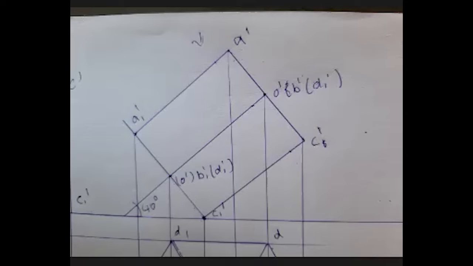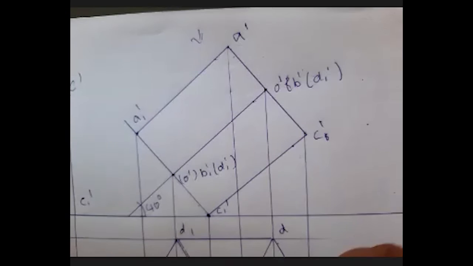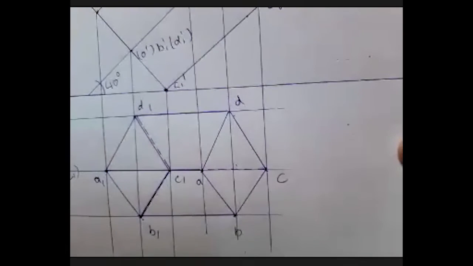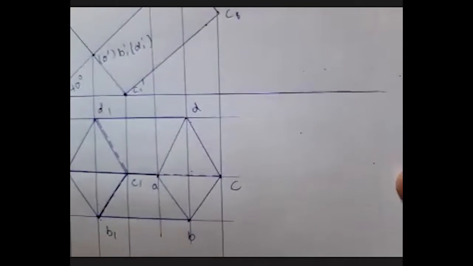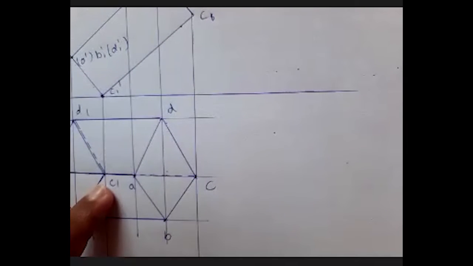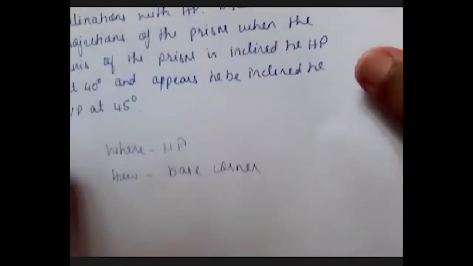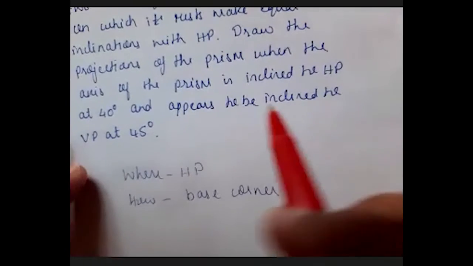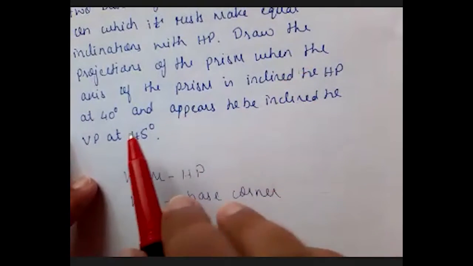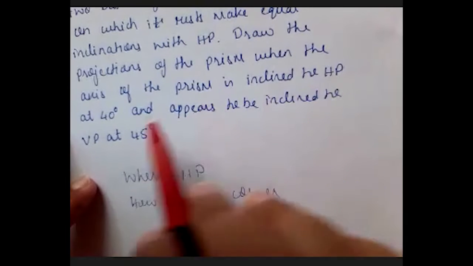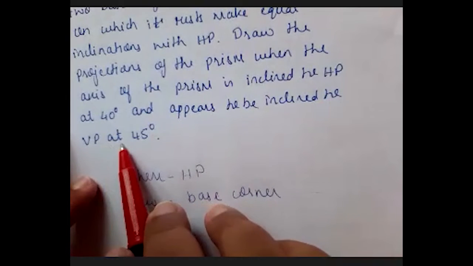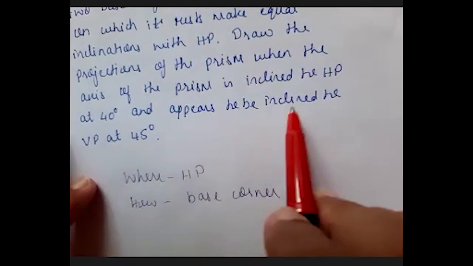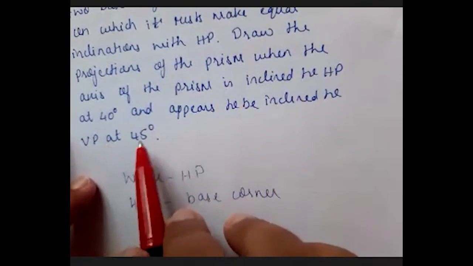Okay. So in that case again, I'm going to start with the axis. The question is again: the axis of the prism is inclined to HP at 40 and appears to be inclined to VP at 45.